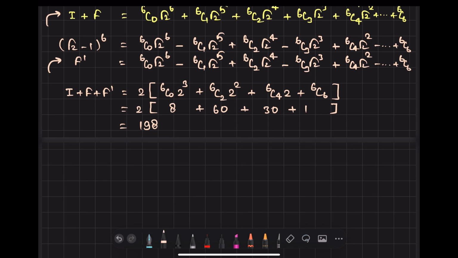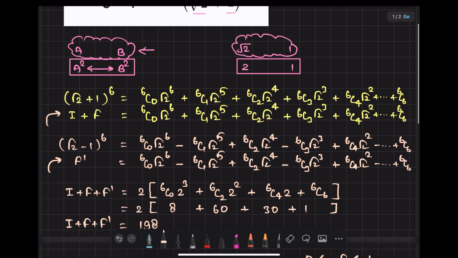Now we have this element as I plus f dash. Now we have to find the exact value of the integral part. You know that f ranges from 0 to 1, but this f is not 0 because this is not a complete integer.